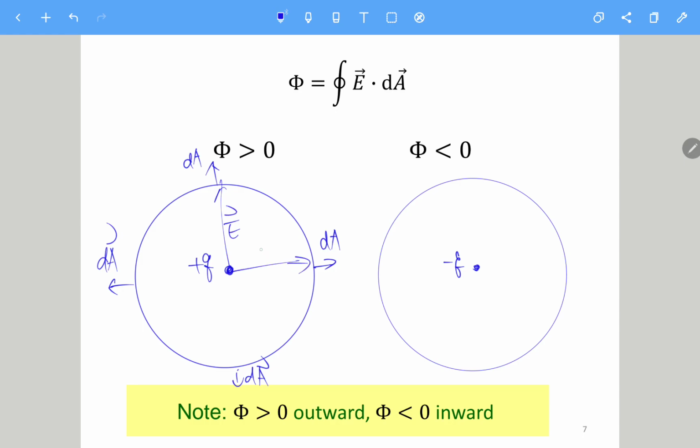The E field are also pointing outward, of course in arbitrary directions, I'm just too lazy to draw too much.